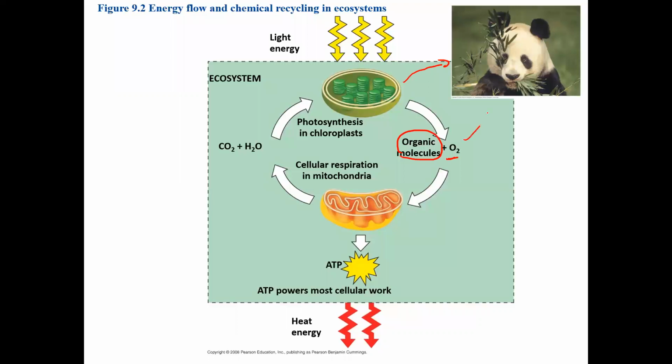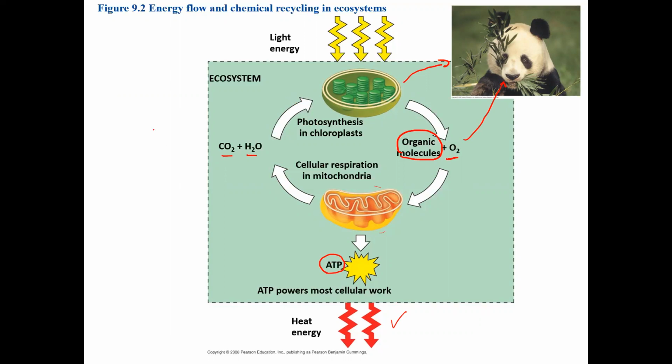These are then broken down by the panda bear using oxygen inside its mitochondria to make ATP energy as well as heat. Carbon dioxide and water left those processes and refueled photosynthesis.